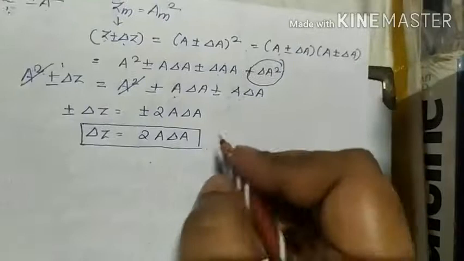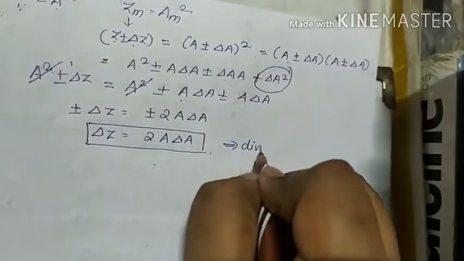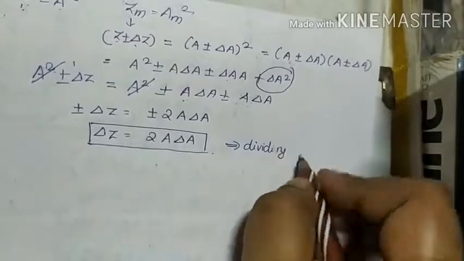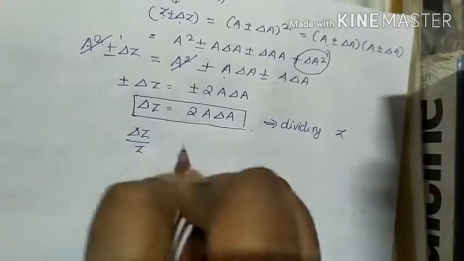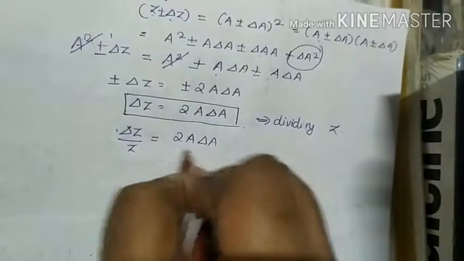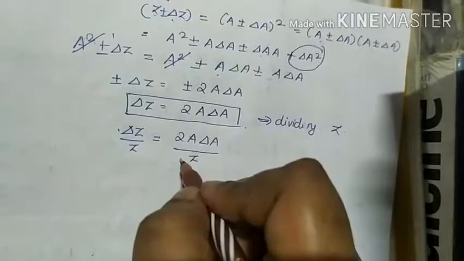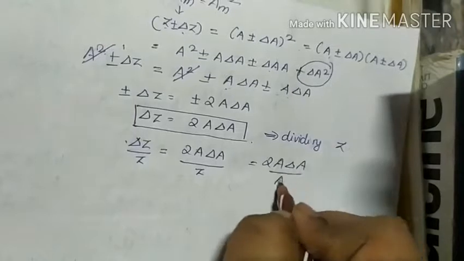Now I'm going to rearrange it, guys, by dividing by z, because this is where the step is changing. So it becomes delta z by z is equal to 2a delta a divided by z. Now what is z? Previously I have written it as a squared, so it becomes 2a delta a divided by a squared.